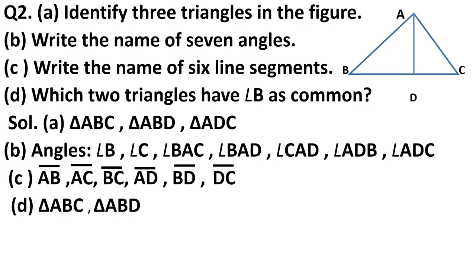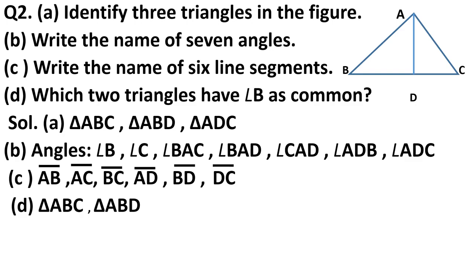Angle ADB and ADC. These are the name of 7 angles. Now write the name of 6 line segments. AB, AC, BC, AD, BD and DC. These are the 6 line segments.